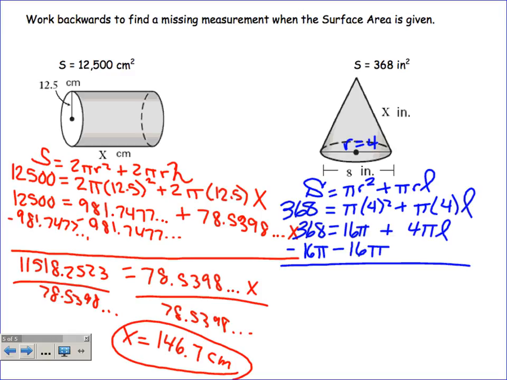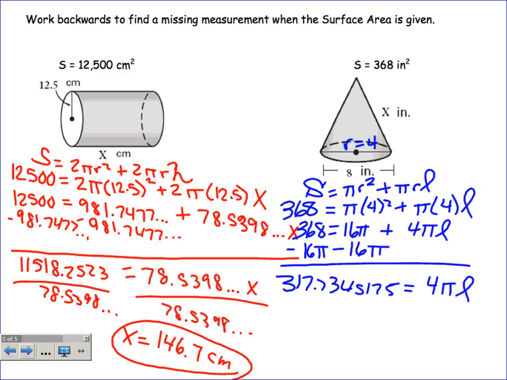Holy smokes, look at this. We have 317.7345175. Look at that. Sweet thing. Equals 4 pi L. And then we divide by 4 pi.